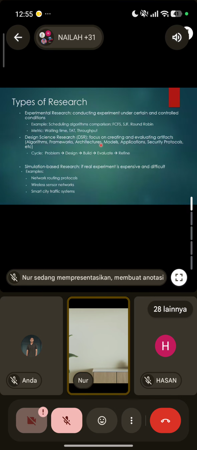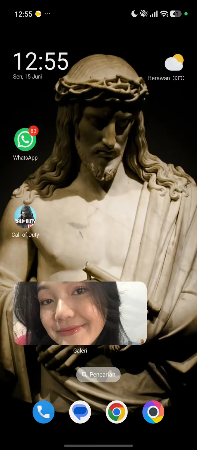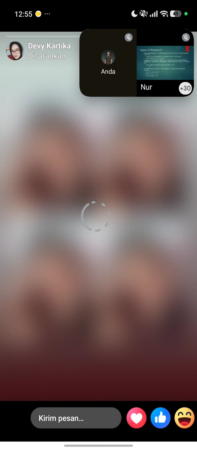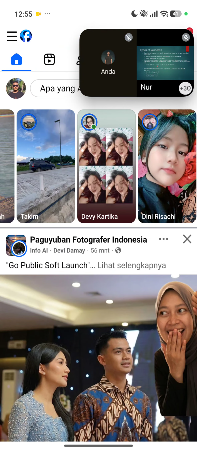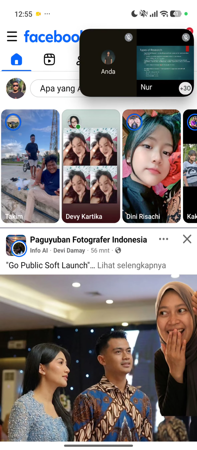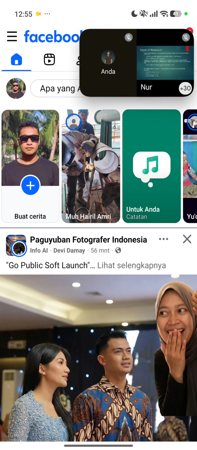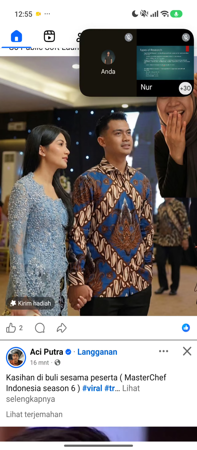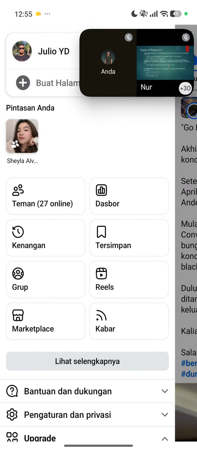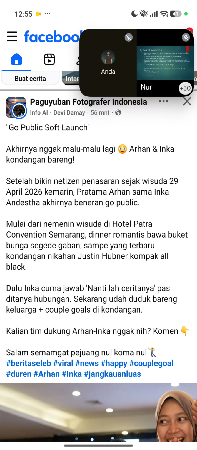There is a cycle in this research. First, we find the problem, and then we design how to solve that problem. After that, we make this design real. Then we evaluate it, and if there is something that we could improve, we will refine it.